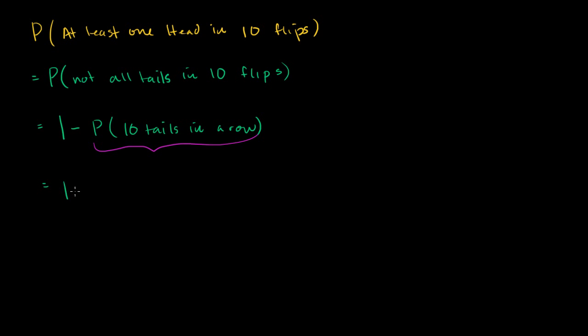This is equal to 1 minus, and this part is going to be one tail, another tail, so it's 1/2 times 1/2, and I'm going to do this 10 times. Let me write this a little neater because I need a 1/2. So that's 5, 6, 7, 8, 9, and 10.